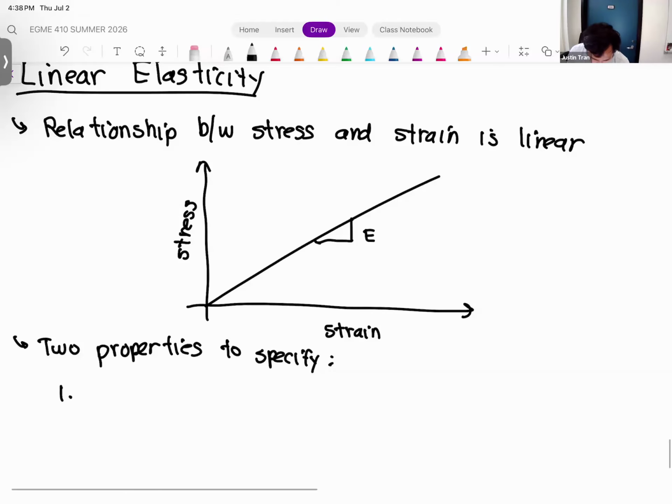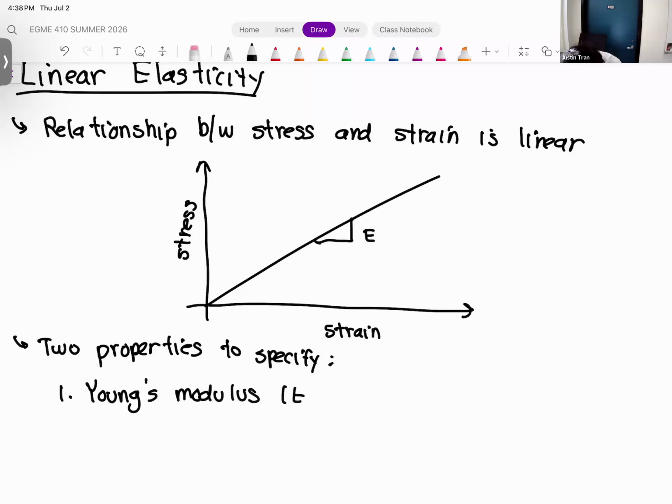The first one, obviously, is going to be the Young's modulus, which is what we see in the figure there. At least visually, you can see it is the slope of the stress-strain curve. What it represents is how well this material is able to resist deformation.